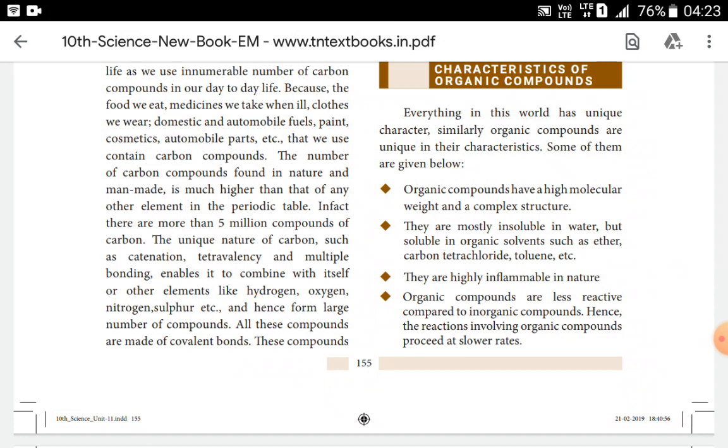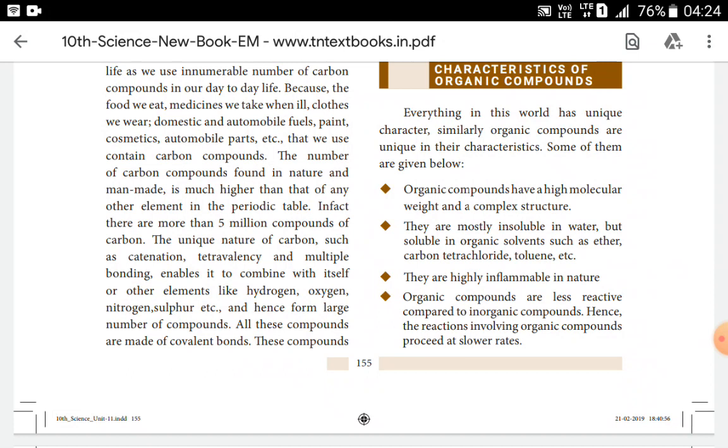So, carbon having this peculiar tendency to share its 4 electrons with other atoms to complete its octet structure, various number of carbon compounds are obtained.